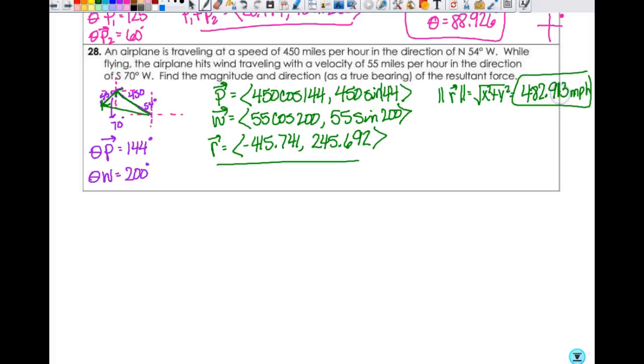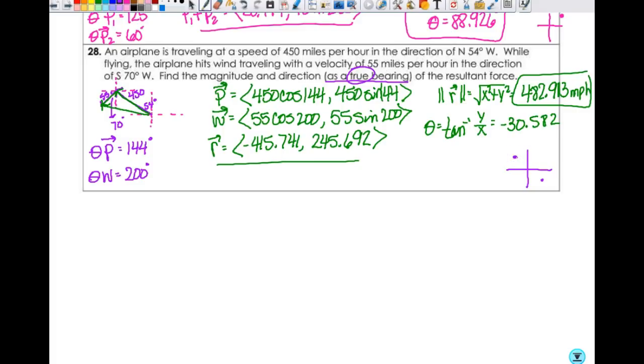That's one you can't read. Then I need theta. Theta is equal to the tangent inverse of y over x. The calculator gives me negative 30.582. Okay? Now, pay attention to the fact here that this says find the magnitude and direction as a true bearing. Okay, so got to think about what's happening here. First of all, this angle is down here in the fourth quadrant. This resultant vector is directed towards the second quadrant.